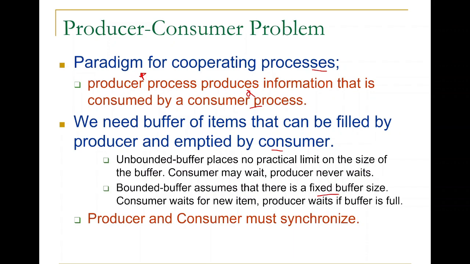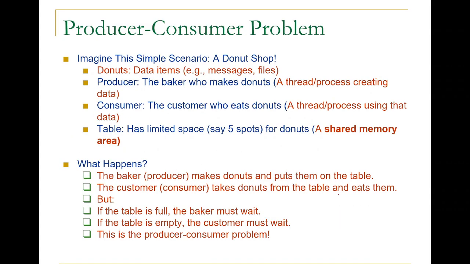How do I know that the buffer is full? I should stop sending. Or how does the consumer know that something has been dropped and he has to go and pick it up? So let's look at a simple scenario, a donut shop. Donuts are the data items, messages or files.